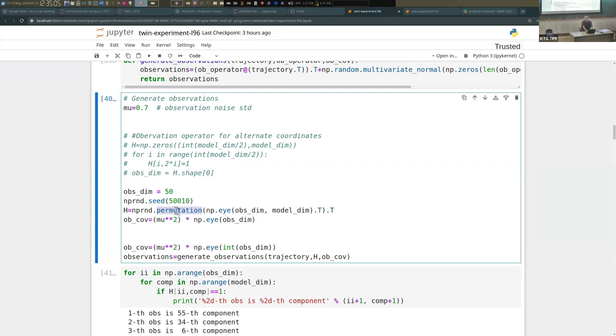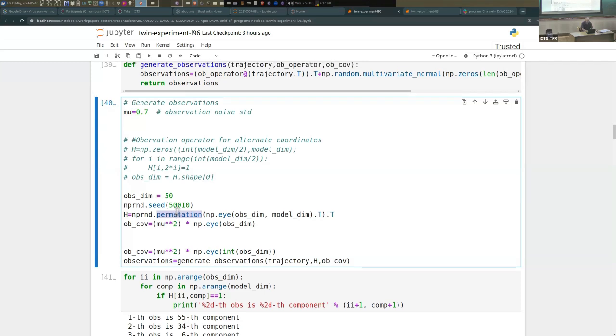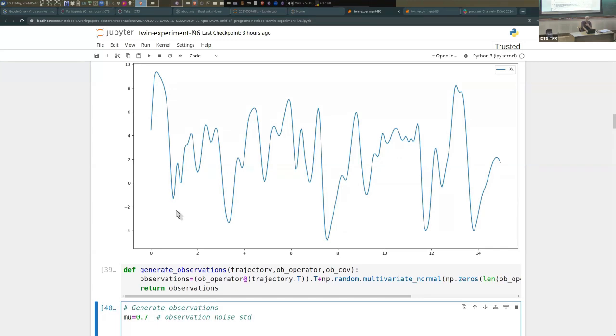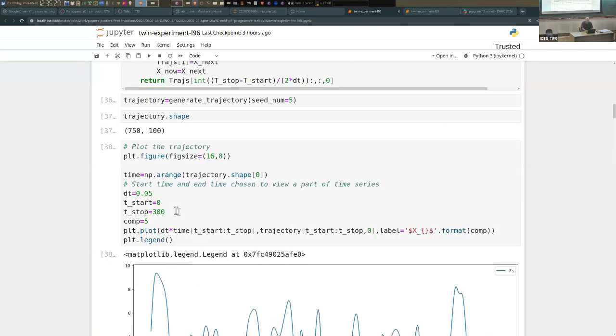Of course, which observations will have more effect? If you take 3 observations which are components 1, 2, 3, as opposed to 3 observations which are components 1, 15, and 35, is there a difference? I don't know the answer to this at all. Which observations matter more and which matter less? That's a hyperparameter in some sense.